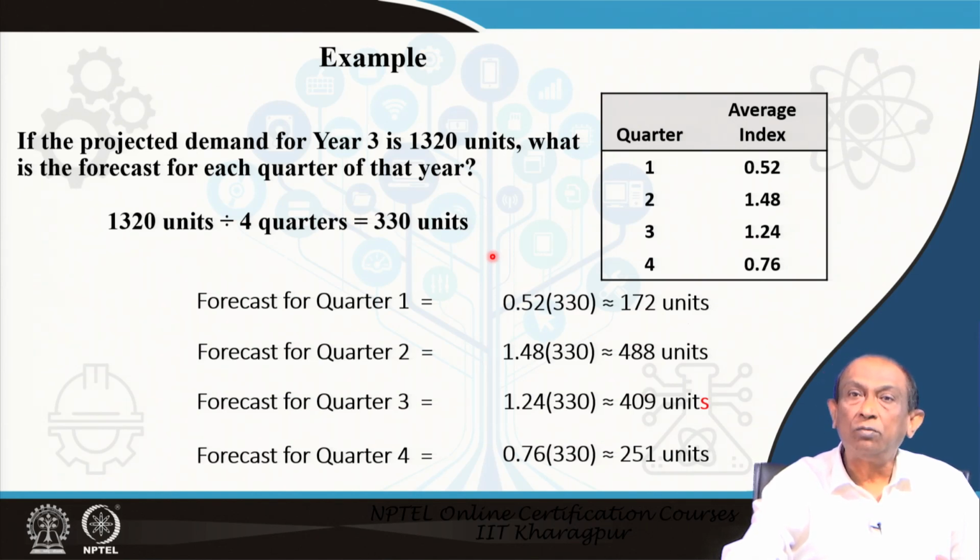And once we decide that we will deploy this kind of models in our decision support systems, there are lots of software codes available, and we can incorporate that in our forecasting system.